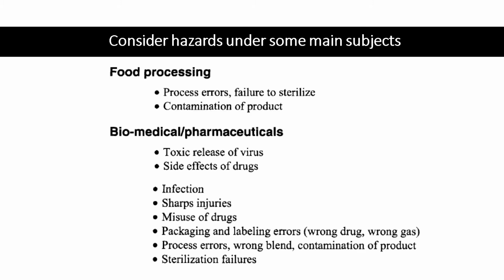In food processing, we have process error, failure to sterilize, and contamination of product. In biomedical and pharmaceutical, we have toxic release of virus, side effects of drugs, infections that are injurious, misuse of drug, packaging and labeling error, process error, wrong blend, and sterilization failures.